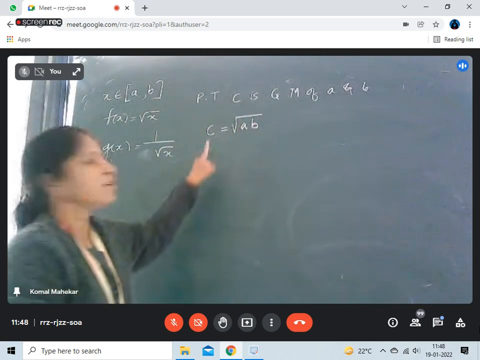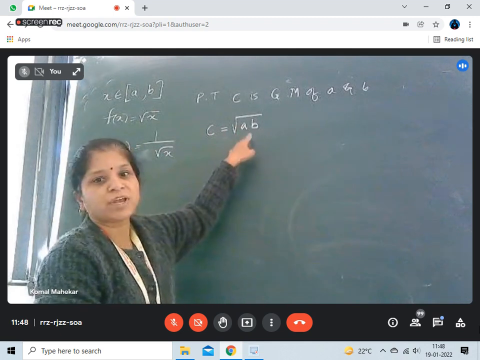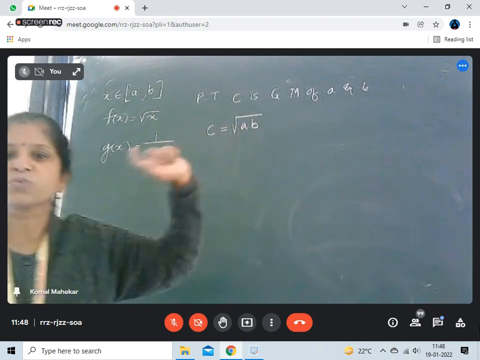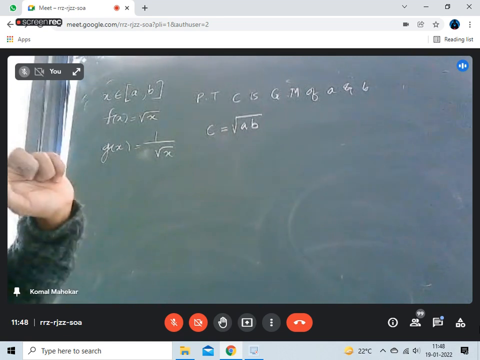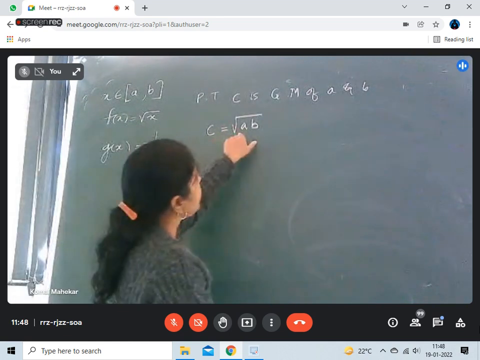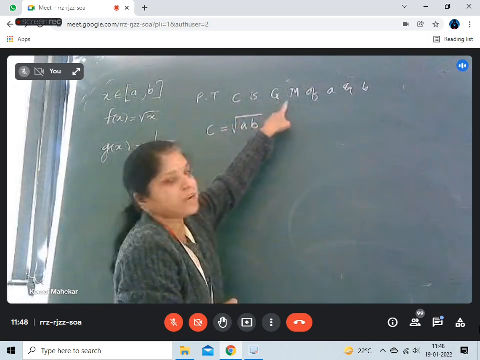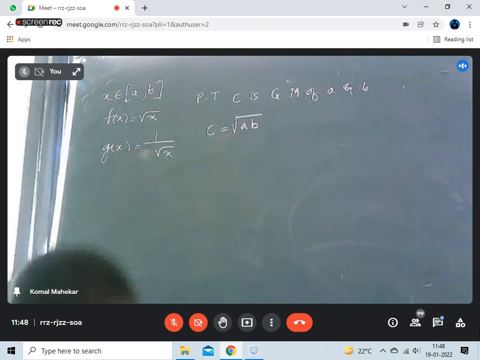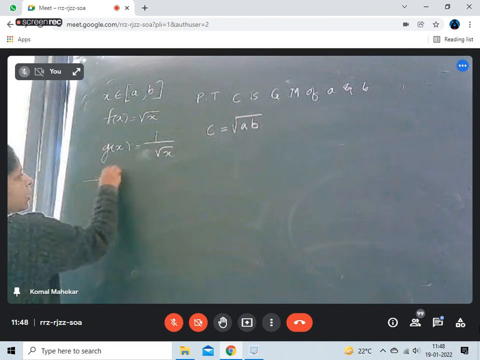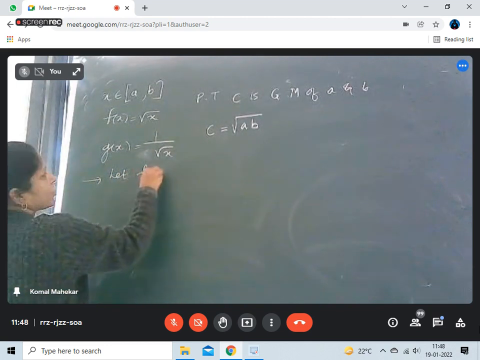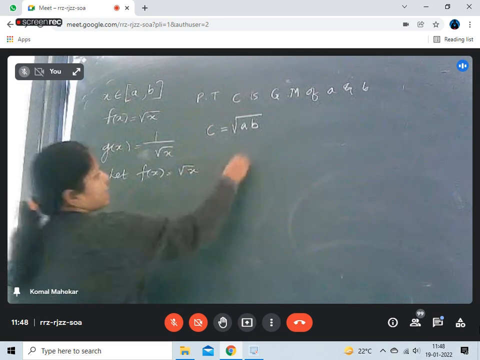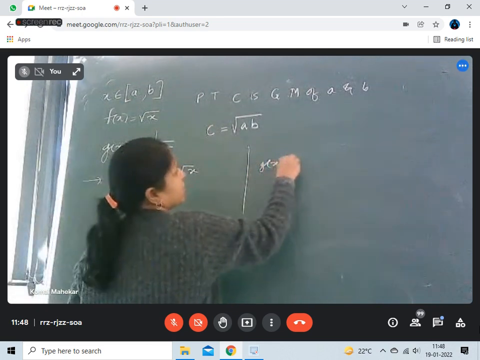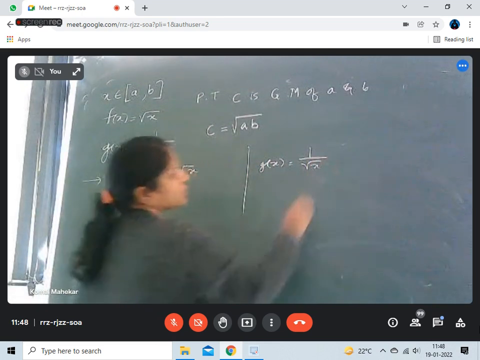If c is square root of ab, then we say that c is the geometric mean of a and b. So how to solve this? Consider the two functions. Let f(x) is root x and g(x) is 1 by root x.